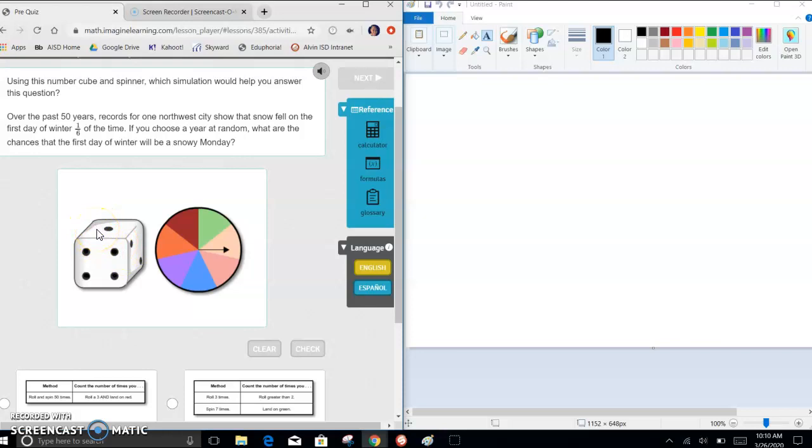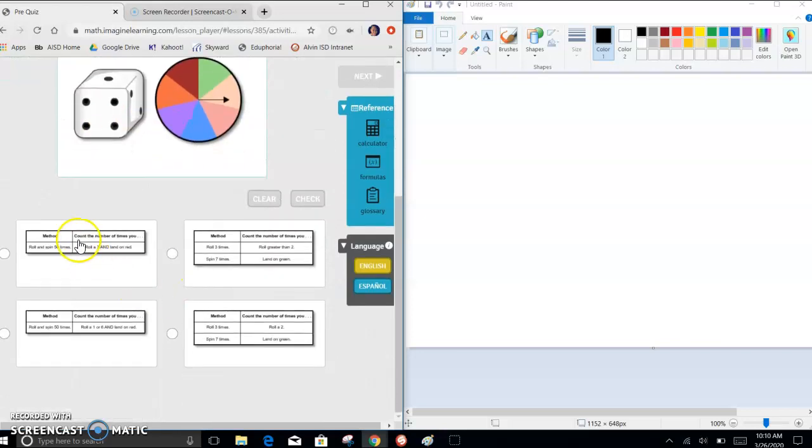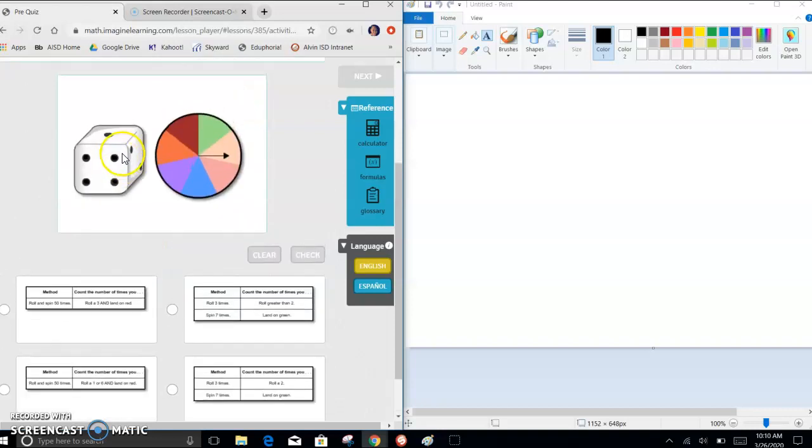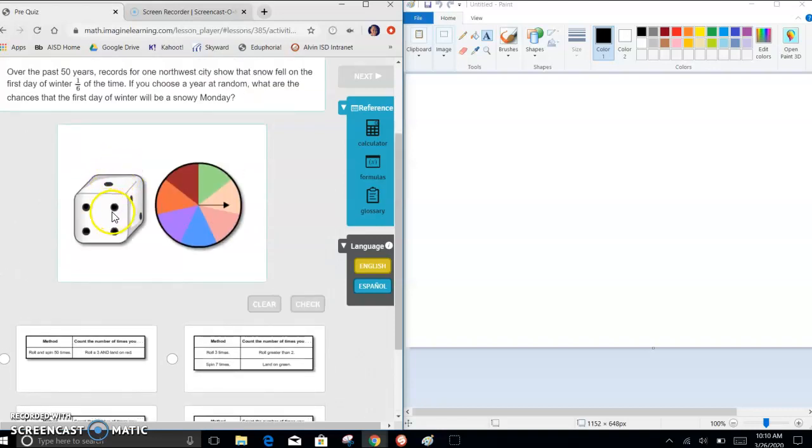The overall is 1/6. So they want me to roll and spin 50 times, and then I'll roll a 3 and land on a red. So if I roll a 3 here, that's 1 out of 6. And then if I land on a red, that's 1 out of 7.